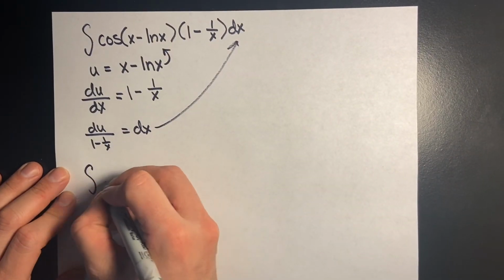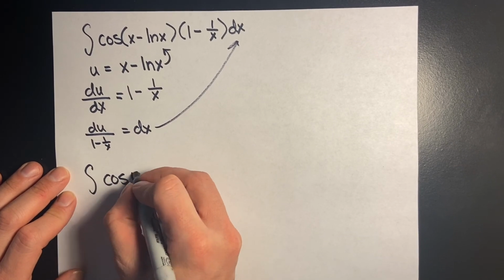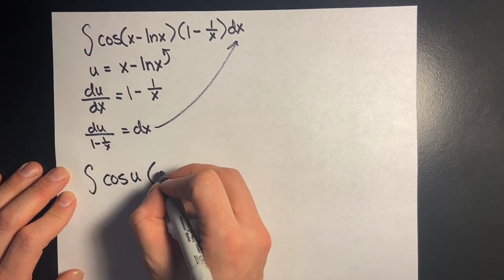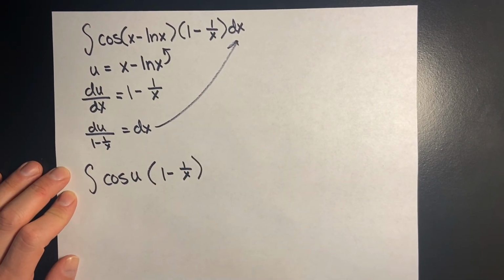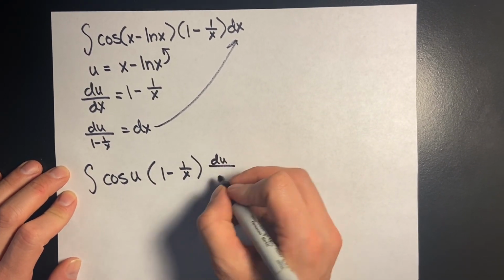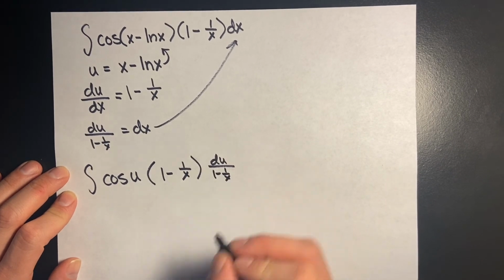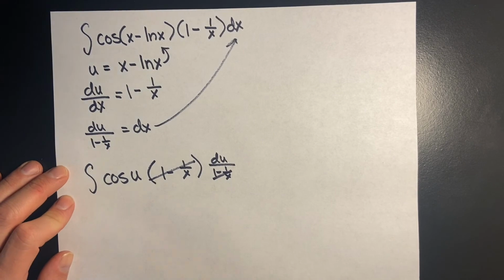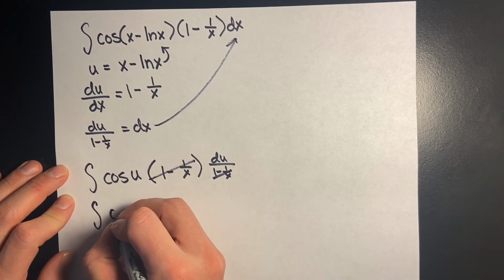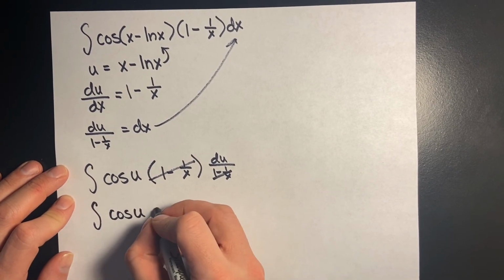So I have the integral of cosine u times 1 minus 1 over x, du over 1 minus 1 over x. Oh, how convenient. So they cross out. I am now left with the integral of cos u du.